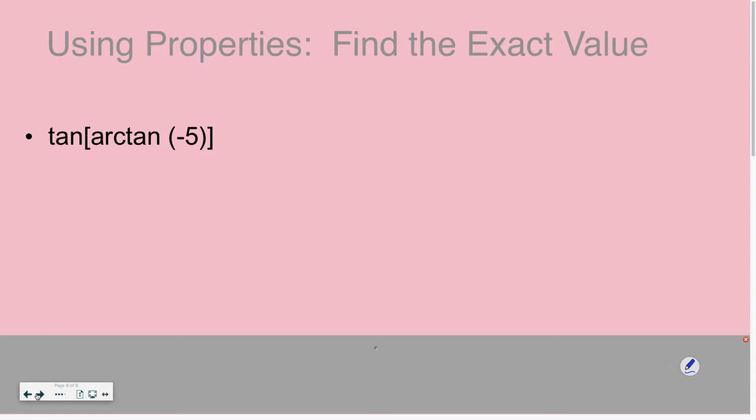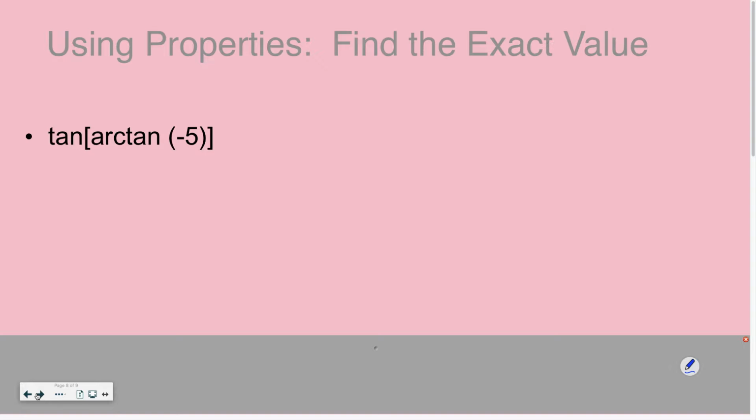All right. So the tangent of the arctangent of negative 5. Look at what you just wrote down for arctangent.